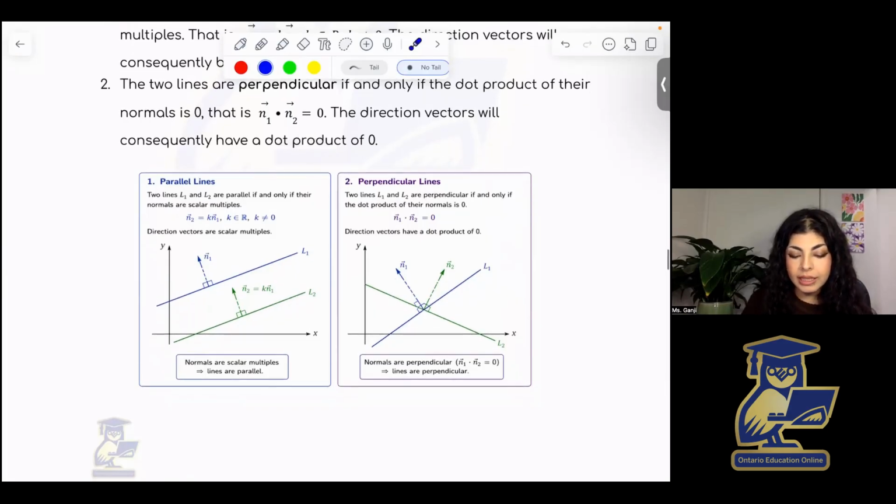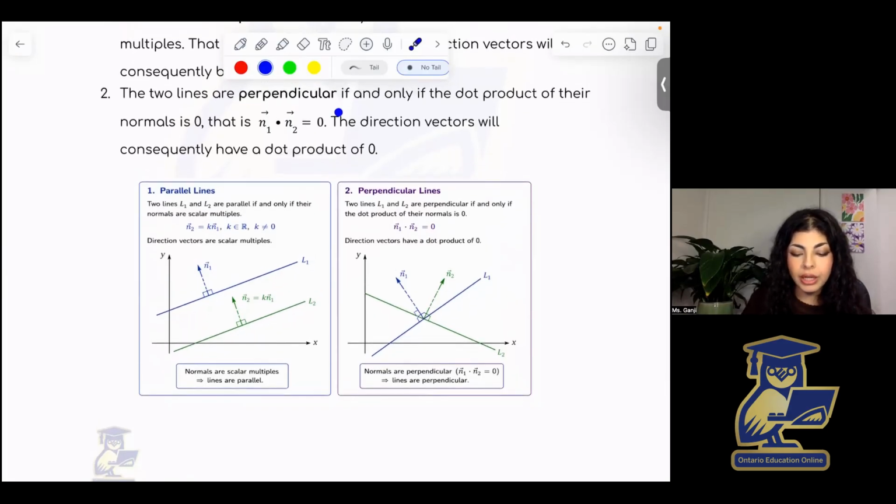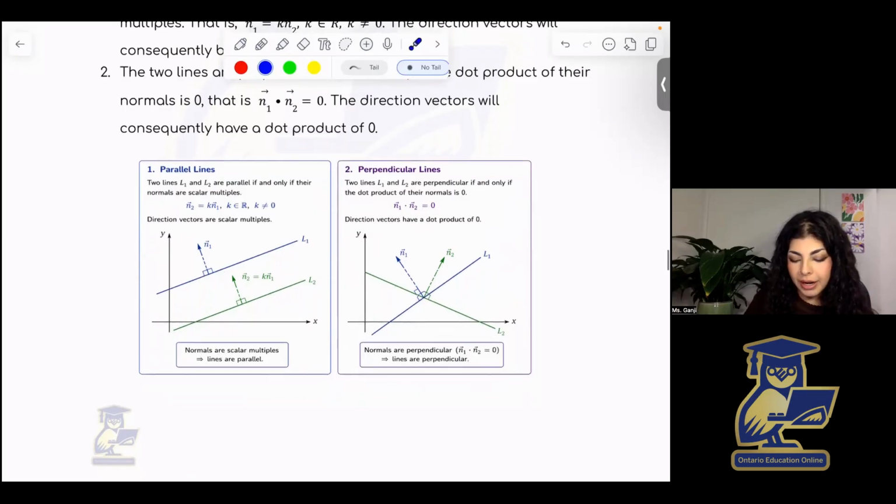Now, we also say that these two lines are perpendicular if and only if the dot product of their normals is 0. So consider here, and not the best visually shown, if we have L1 and L2 and these are perpendicular, then the normal to L2 and the normal to L1 are given here, and these two will have a dot product that is equal to 0.